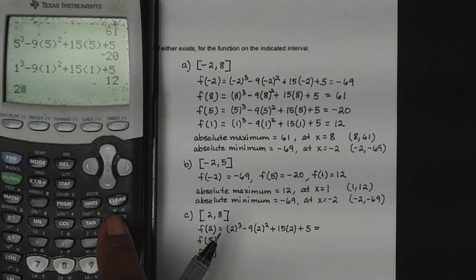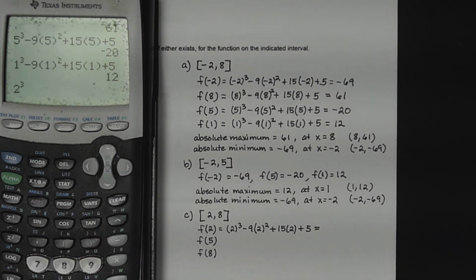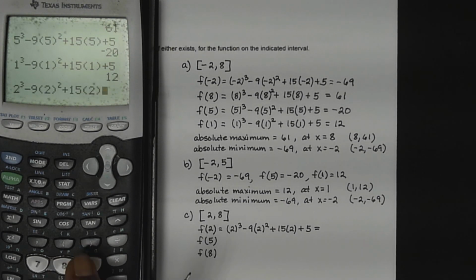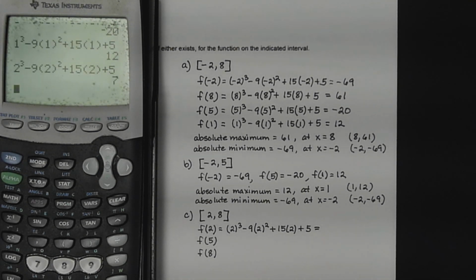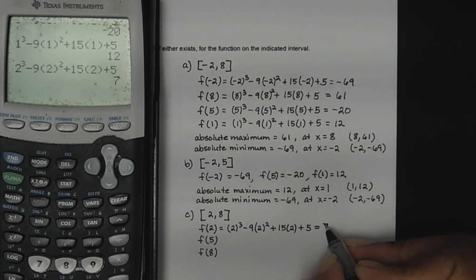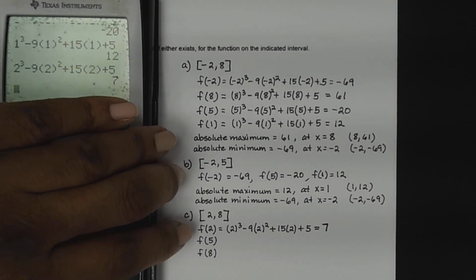So here this will be 2, and then that's going to be cubed minus 9 times 2, and that's squared, plus 15 times 2, plus 5. And here I get 7. So f of 2 will be 7.